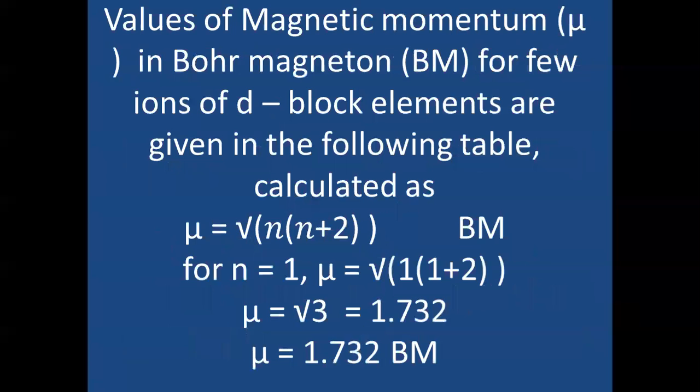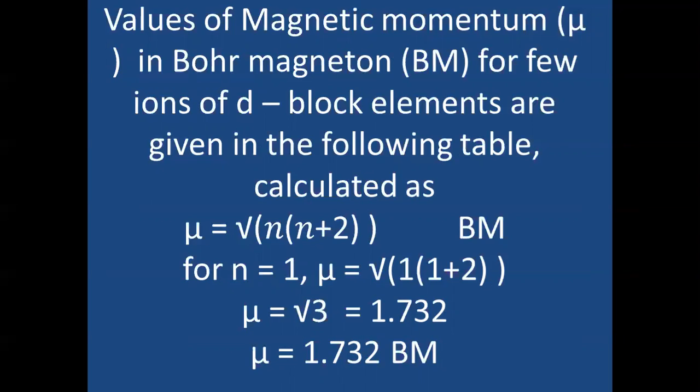If we consider a simple example in which only one unpaired electron is present in the atom or ion or molecule of a substance, then if you substitute 1 in place of n, we will have root 3, and the value of root 3 is 1.732.